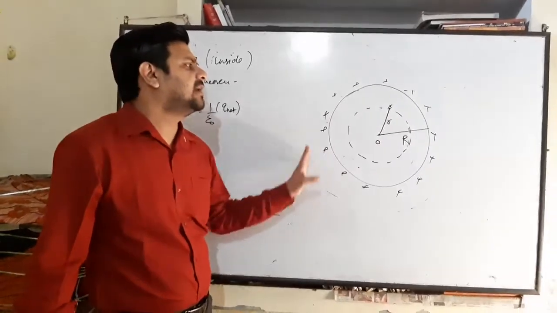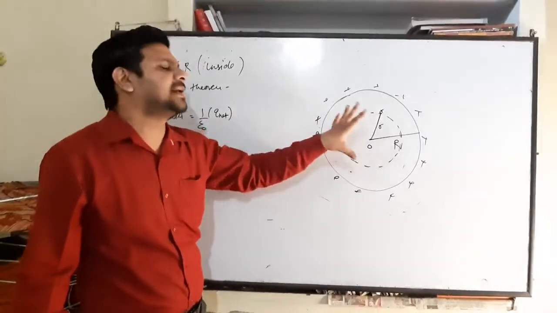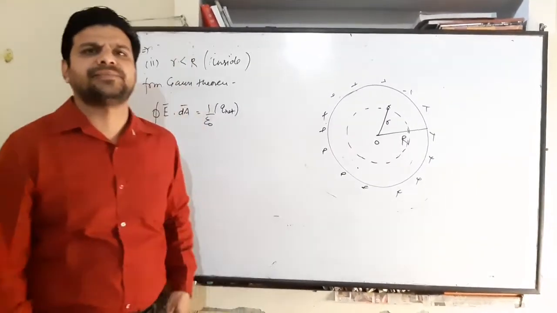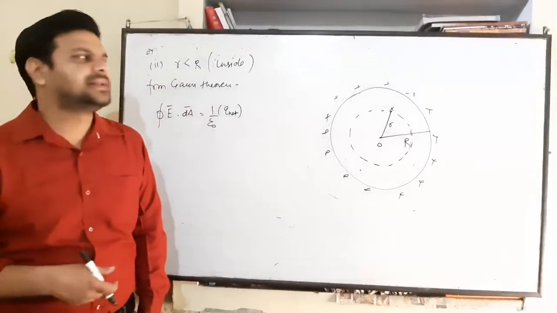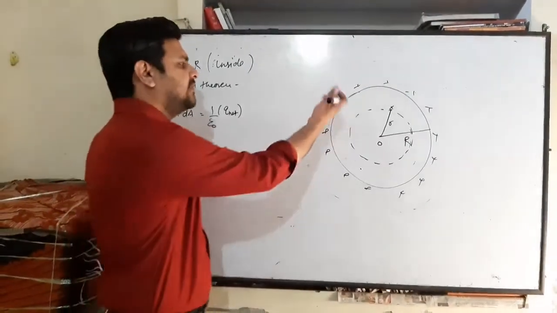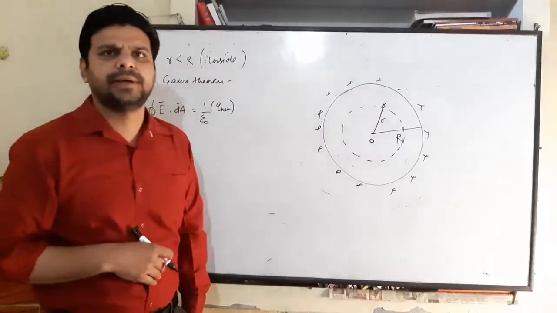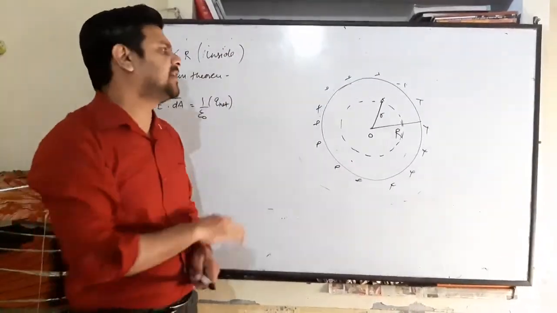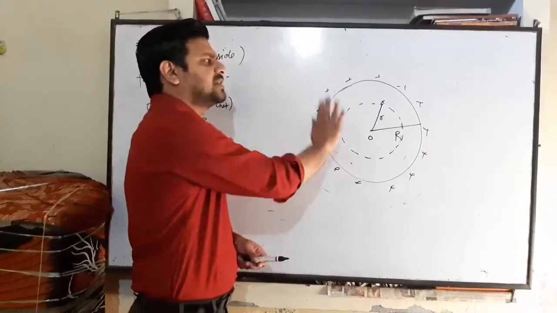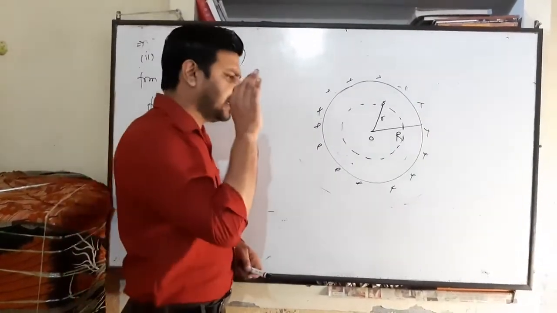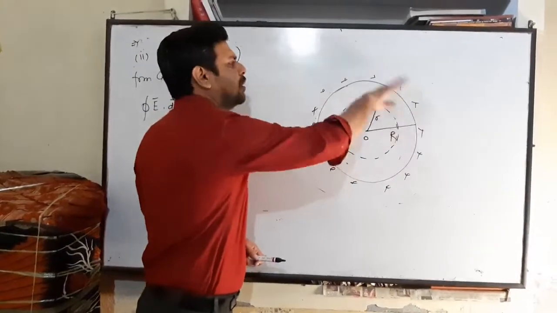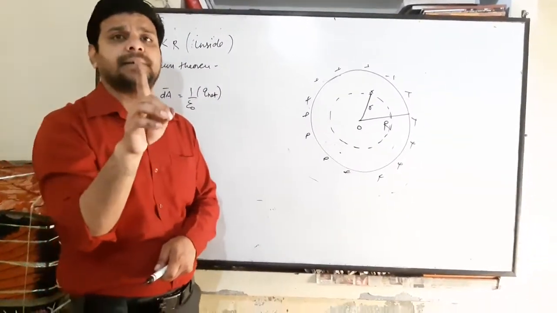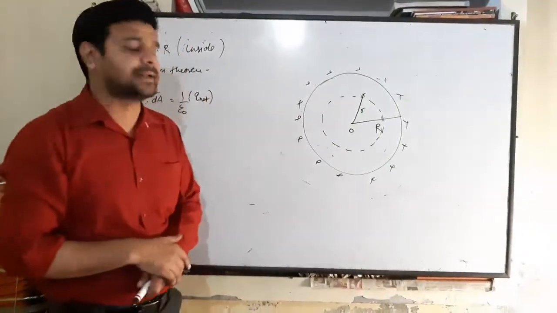No charge will reside inside the metallic conductor. Always remember this. In this situation, we have a metallic spherical shell. If we have given some charge plus Q to this shell, then the total charge will appear on the surface of the metallic conductor.